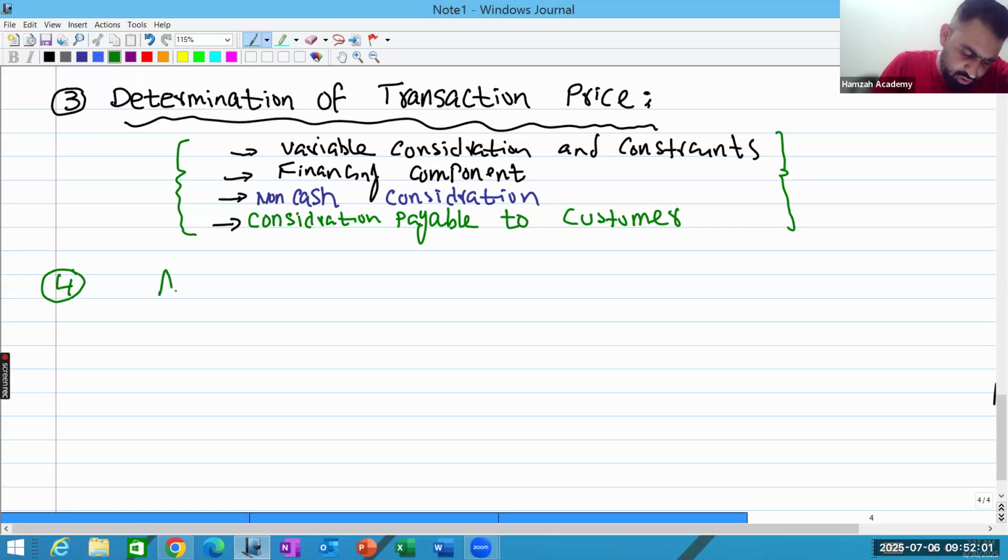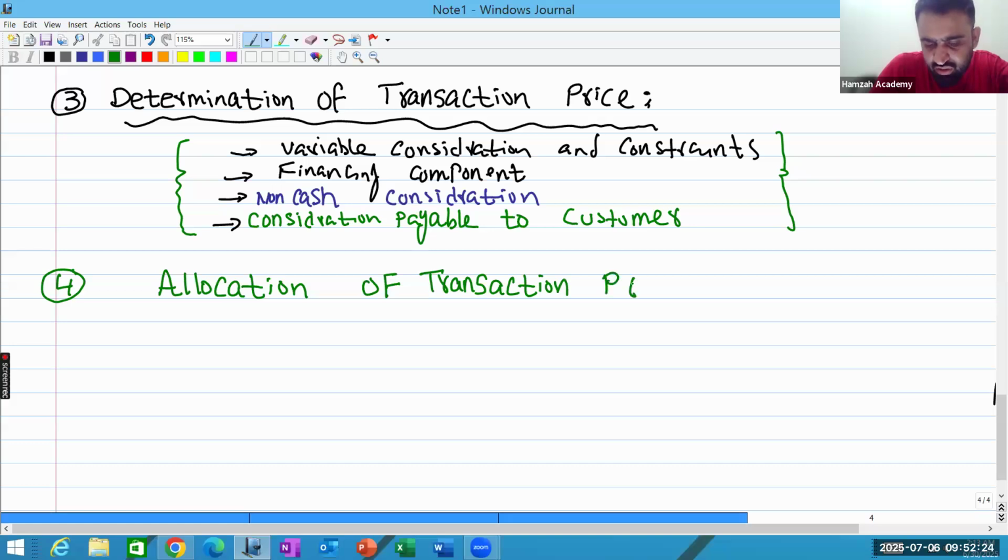The step number 4 is allocation of transaction price.